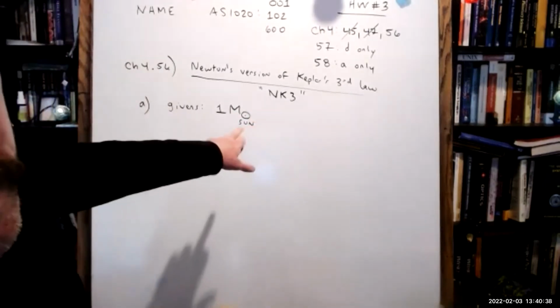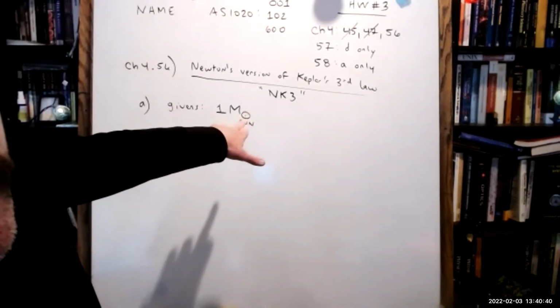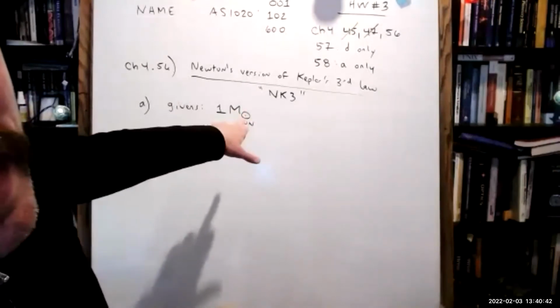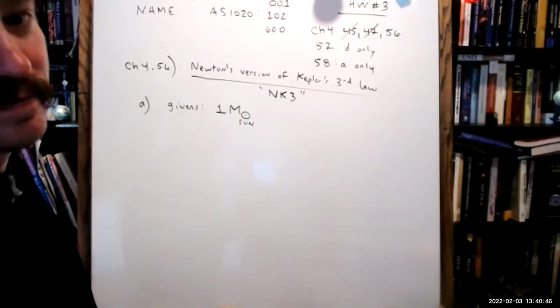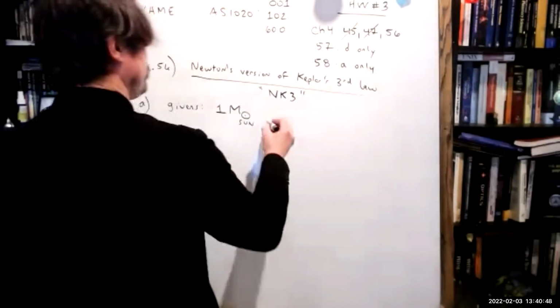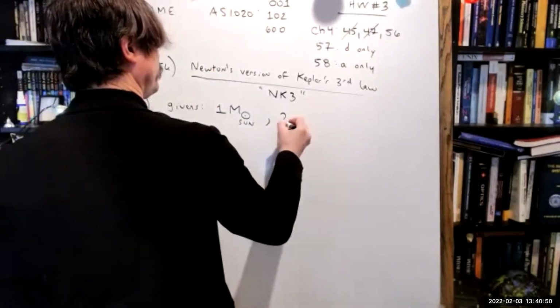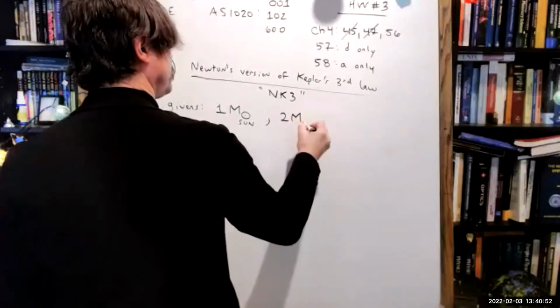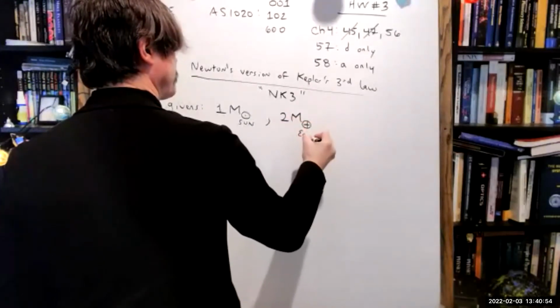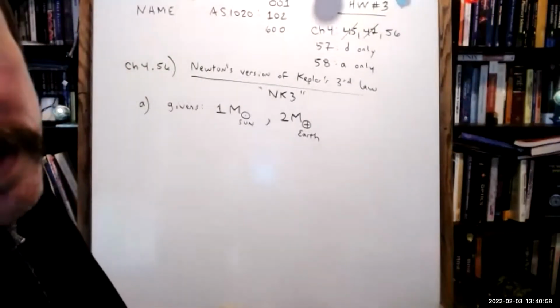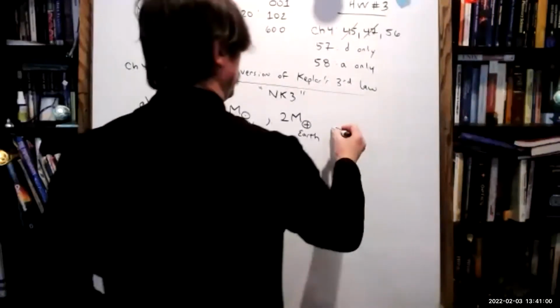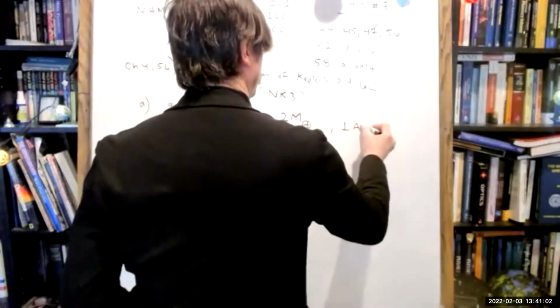I'm going to use this symbol for the sun. It's actually from an old astrological symbol. It's a circle with a dot in it. The Egyptians invented it. So 1 times the mass of the sun, 2 times the mass of Earth. Earth is a circle with a cross in it. And the distance is 1 AU.